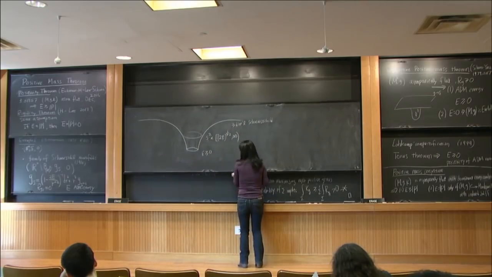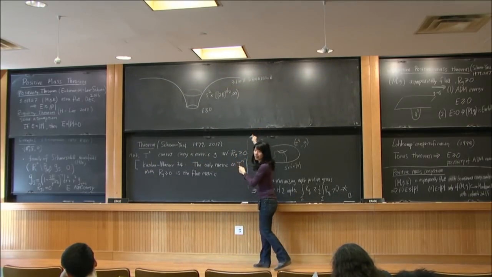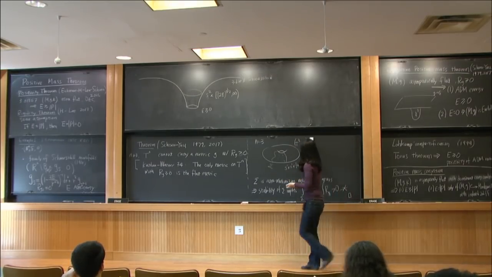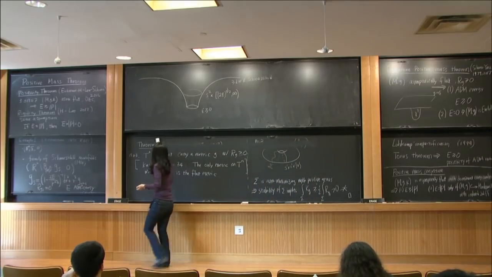But then why do we care about general initial data sets? Because they do exist. If everything is Riemannian, why do we bother looking at the more general case?